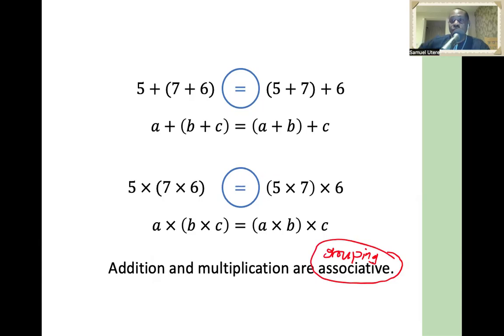So multiplication and addition are associative. So we can group the calculations and we'll get the same answer. So it should be true. If it's always true, then we can generalize it with letters. So we're now into algebra. So it means this is equal to that. So also we can associate the letters.